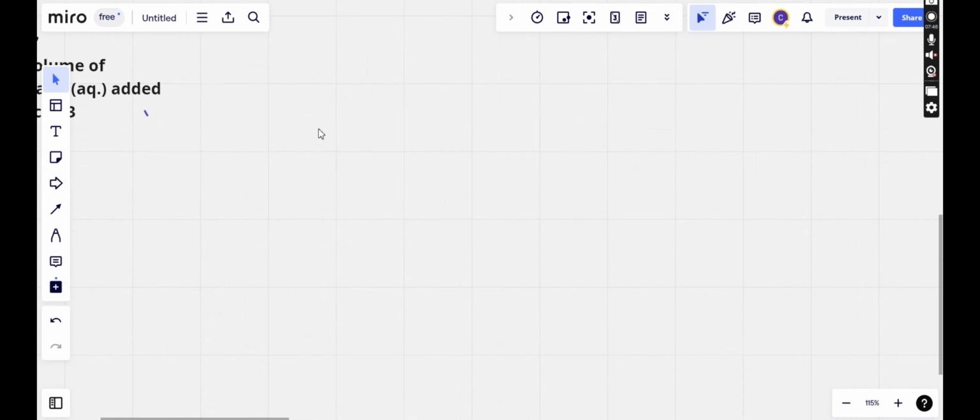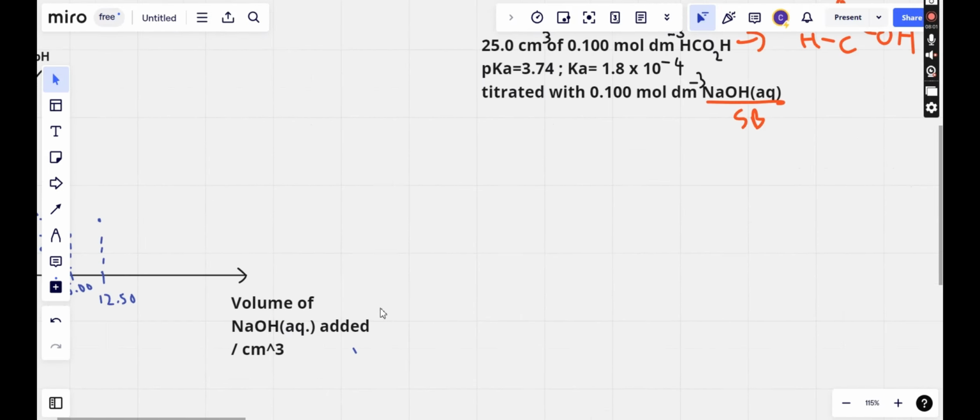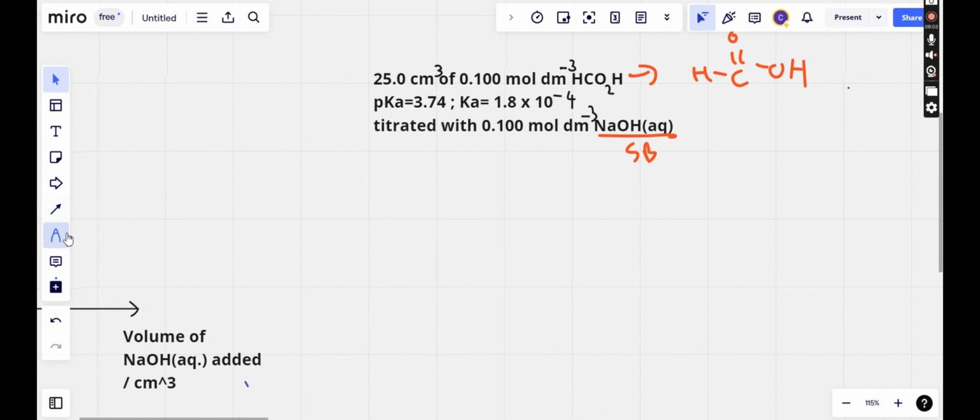Okay, let me get my notes out first. So for the next point, you want to calculate, let's say I add slightly more sodium hydroxide. Let's say I add 20.0 cm cube of NaOH instead.